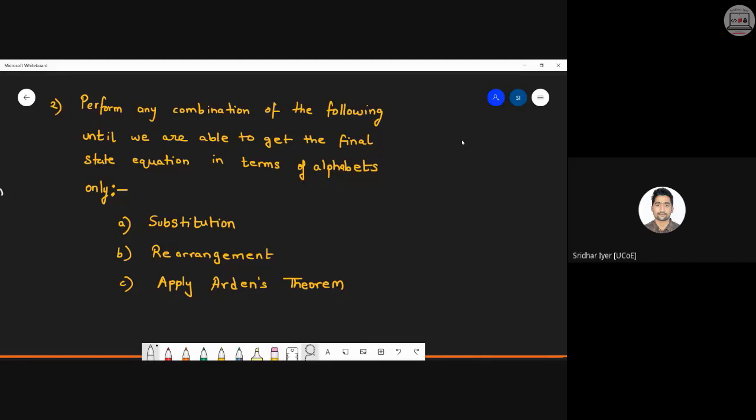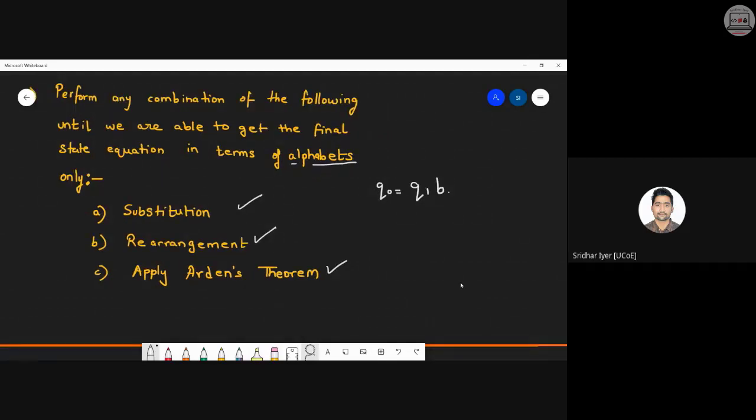But the objective of this particular step is you have to apply substitution, rearrangement, and Arden's theorem to get all the state equations in terms of alphabets only. For example, a state equation, for example, Q0 cannot be in this form. I'm just giving an example. If it is in this form, you have to convert that in terms of A's and B's only. For example, something like this.